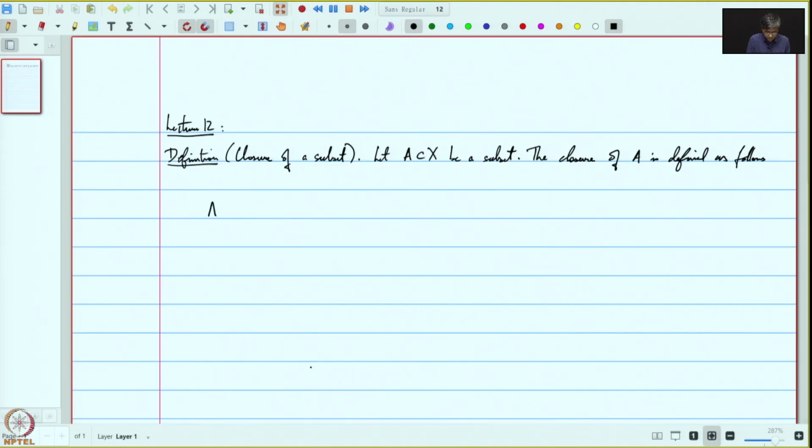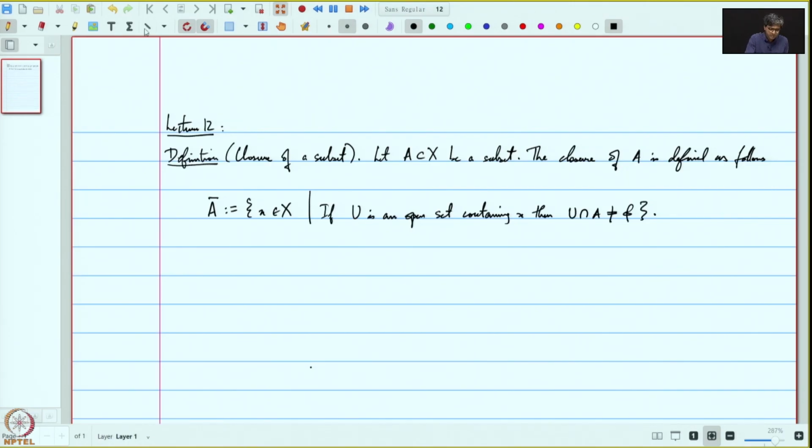A closure is equal to those points x in X such that for every open set, or rather if U is an open set containing x, then U meets A. U intersection A is non-empty.